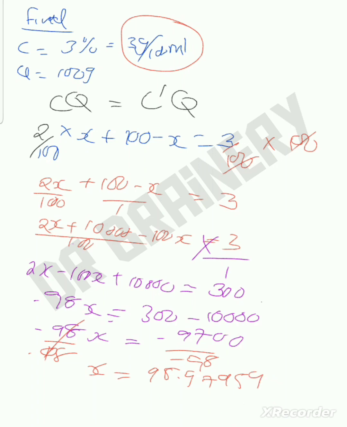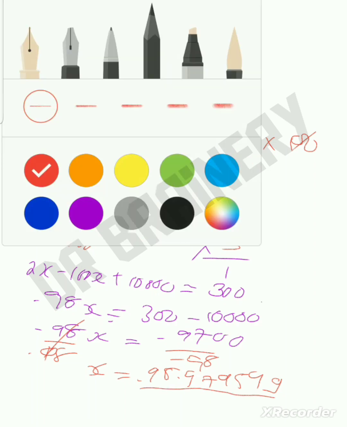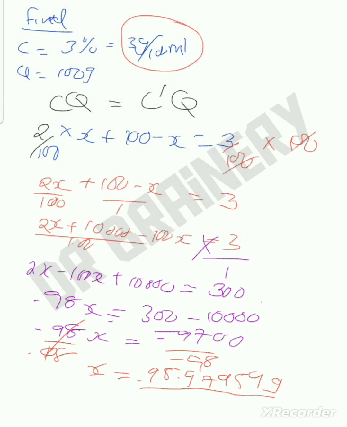That is the amount that reacted. That is X, the one that we started with at first. It is 98.9. So now let me see the one that was added.